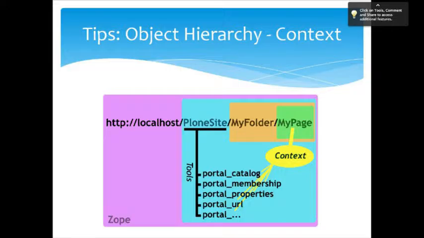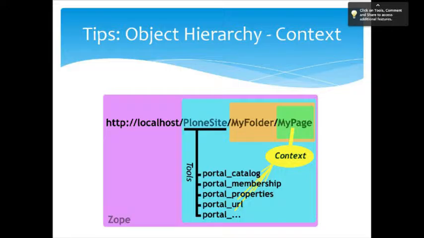So through context, you have the ability to access any attributes and methods of my page. Very, very powerful. What I didn't realize at first is that with the context, you also have the ability to use all the tools in the Plone site, such as the catalog, the membership, the properties, the URL, the actions. You can retrieve all those tools and use them, which makes it an extremely powerful tool.